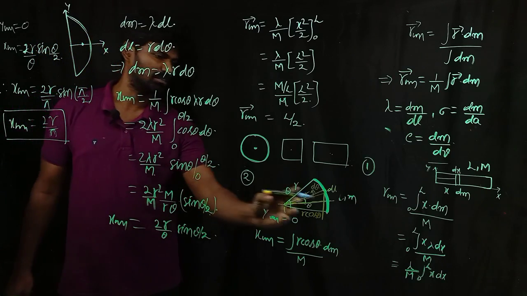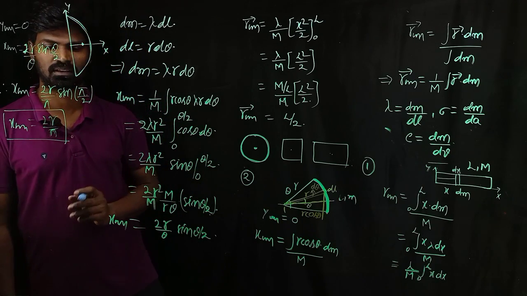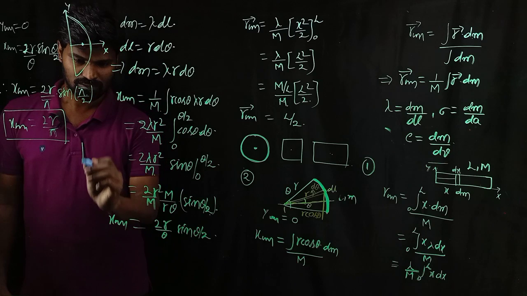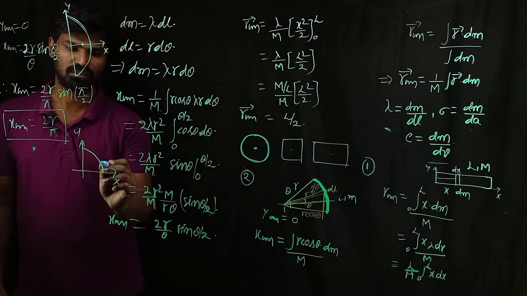By using this simple expression, you can calculate for a semicircle, a quarter circle, or 3/4 of a circle. As an example, take this as the x-axis and this as the y-axis. What is the location of center of mass for this quarter circle, 1/4 of the circle? Here it is symmetric neither about the x-axis nor the y-axis. So I will consider a symmetric axis like this, which I am naming the x dash axis.